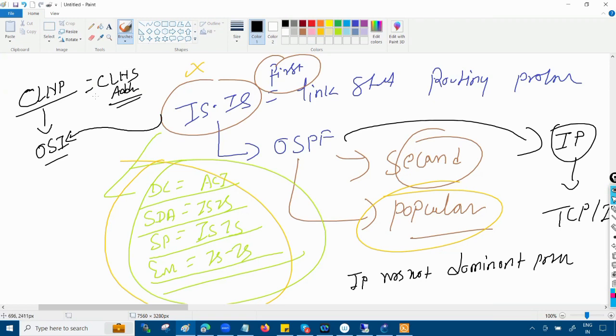Nobody had an idea about IP. Everyone knew about CLNS addressing. Every single person. CLNS was the dominant protocol at that time. And if you wanted to give an address to a PC, you were giving a CLNS address. If you wanted to give an address to a router, you were giving a CLNS address.